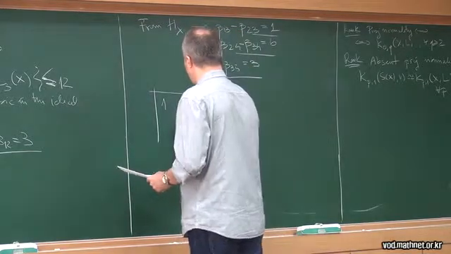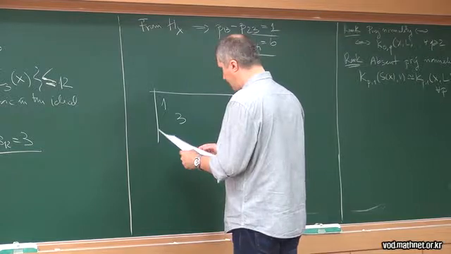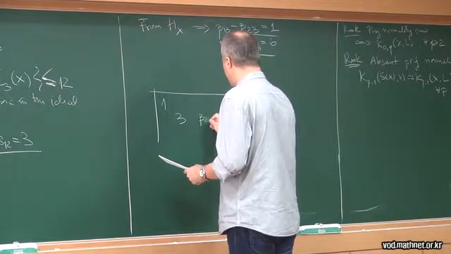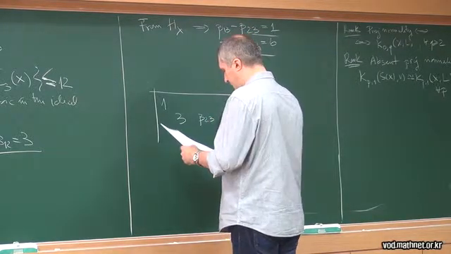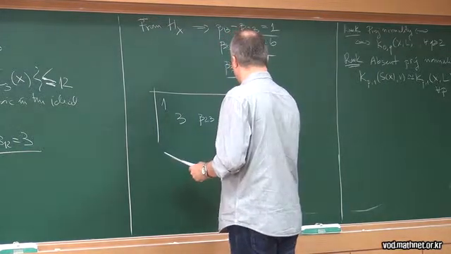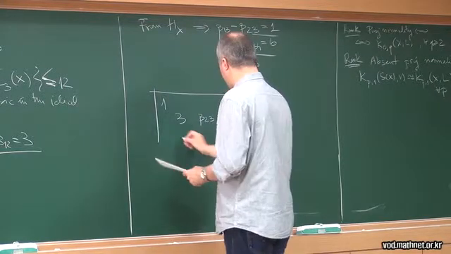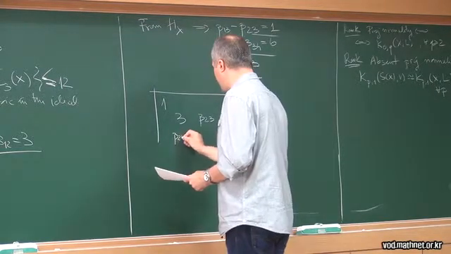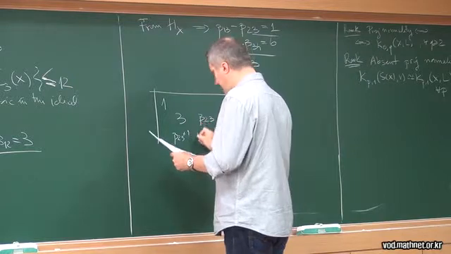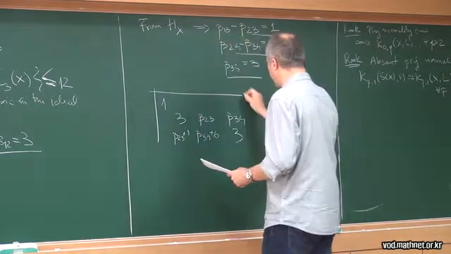So 1, 3, then we have beta 2,3, beta 3,4, this is beta 2,3 plus 1, this is beta 3,4 plus 6, and this is 3.